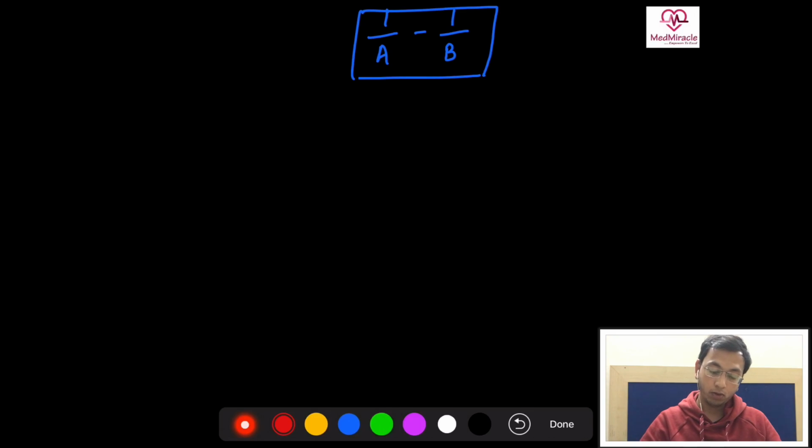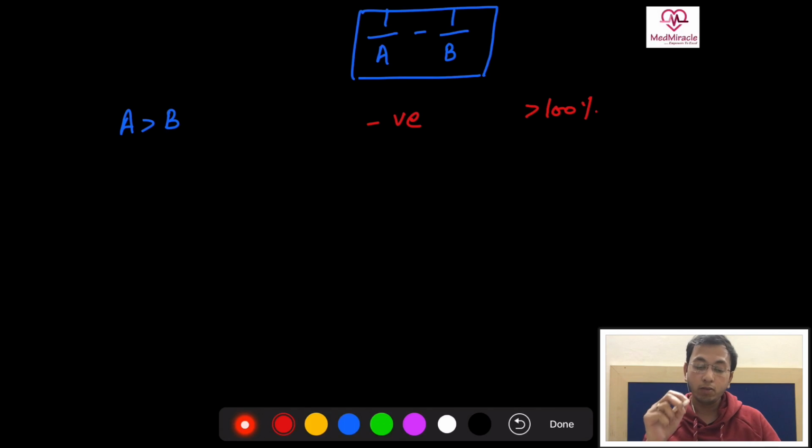In the first scenario, the total number of correct options is more in the exam, that is A more than B, this equation will turn out to be negative. My total marks will turn out to be negative, and in this scenario the negative marking is more than 100%, that is, I am losing more marks for making one incorrect choice than I am getting for making one correct choice.